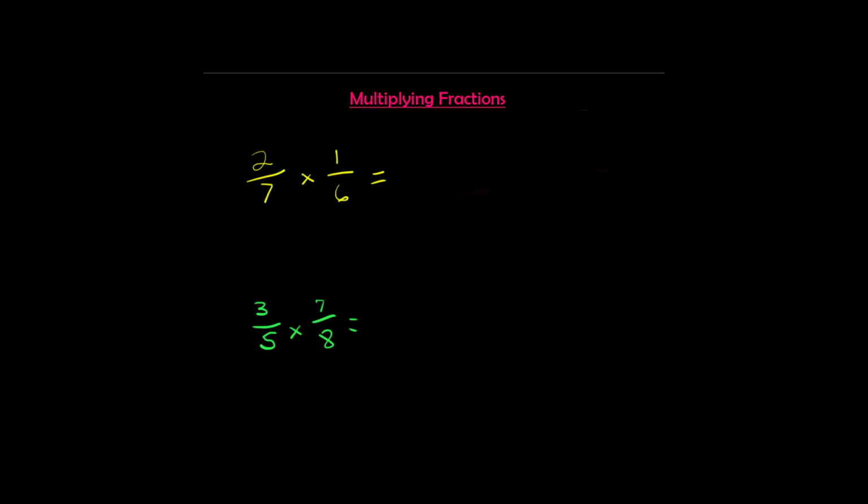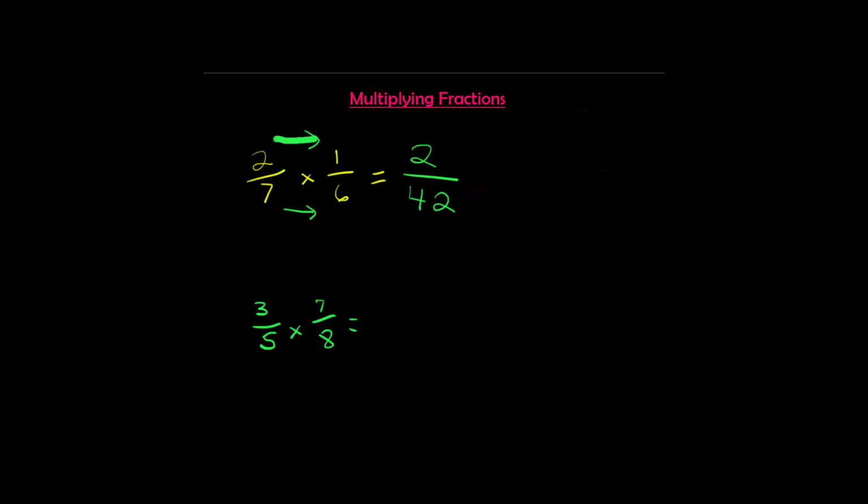So let's take a look at our first yellow problem. So we have 2/7 times 1/6. So what we're going to do for these, the rule is kind of simple here. You're going to take the numerators and multiply straight across, and then the denominators, you're going to multiply straight across. So it's pretty simple. 2 times 1 is 2. 7 times 6 is 42.